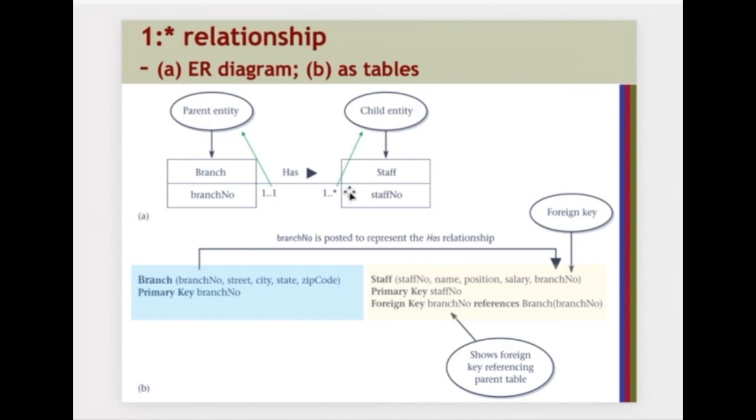The side on which there is a star, that is child, and the other side where there is 1, that is called parent. So branch is parent, staff is child. We will make 2 tables, one for the branch, one for the staff, and we will copy the primary key of the parent into child. What is the primary key of parent? Branch number. We copy branch number into the child table, which is staff, and of course here it becomes a foreign key.